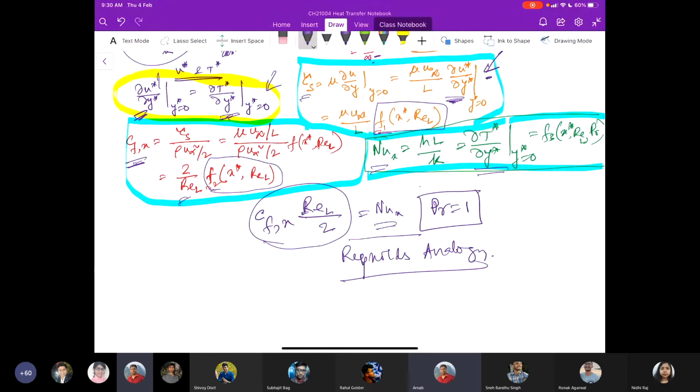It is very important and very useful, because it helps us to determine heat transfer coefficients for fluid with a Prandtl number value approximately 1 from the knowledge of friction coefficient. So if you knew the friction coefficient of a fluid that has a Prandtl number nearly 1, you can estimate its Nusselt number and subsequently the convective heat transfer coefficient.